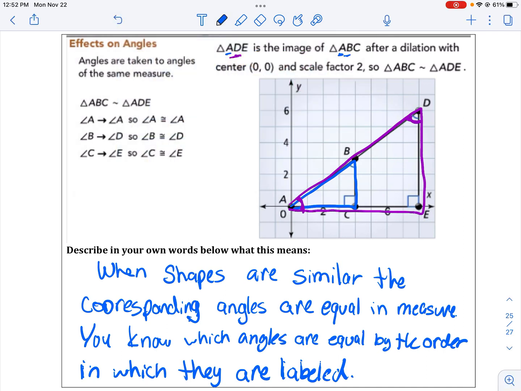And then in my blue triangle, since B is listed second, that is going to be equal in measure to angle D. So if angle B is 45 degrees, that means angle D also has to be 45 degrees. And then E is listed last, and E is a 90-degree angle. C is also listed last, which is also a 90-degree angle, so proving that all angles in similar triangles are equal in measure depending on where they are labeled.